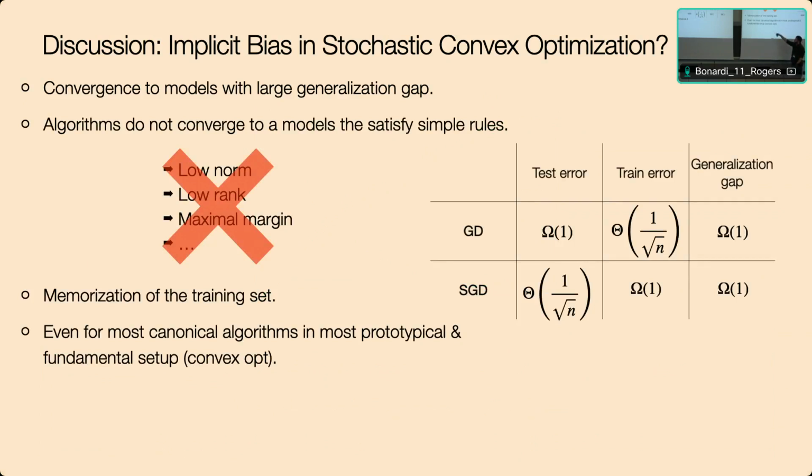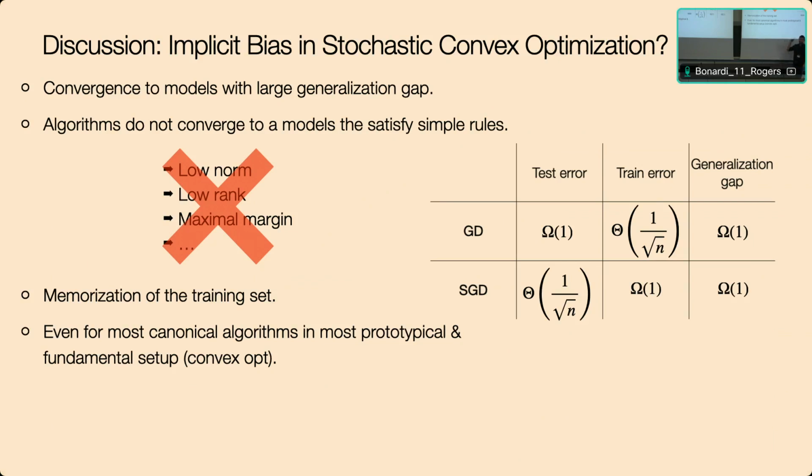Here we saw already that the algorithm converges to a model with a large generalization gap, even constant. Also, the algorithm does not converge to models that satisfy simple rules, like norm, margin, and any rule I mentioned before.